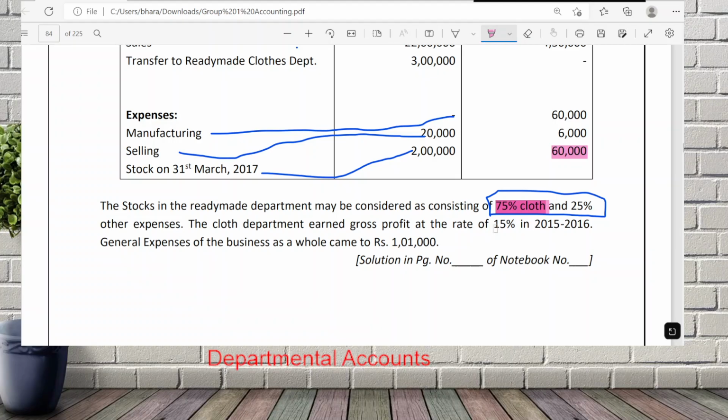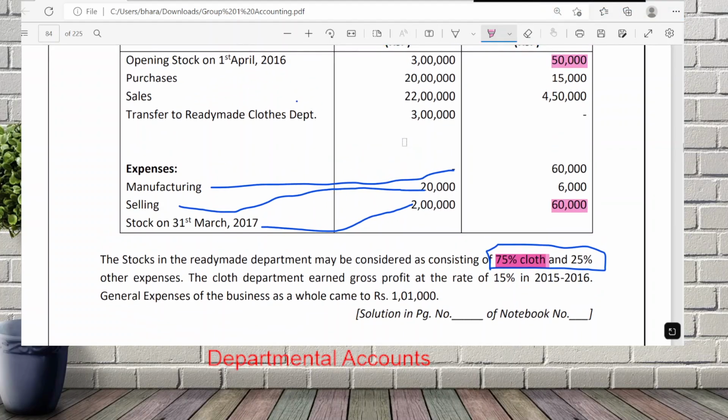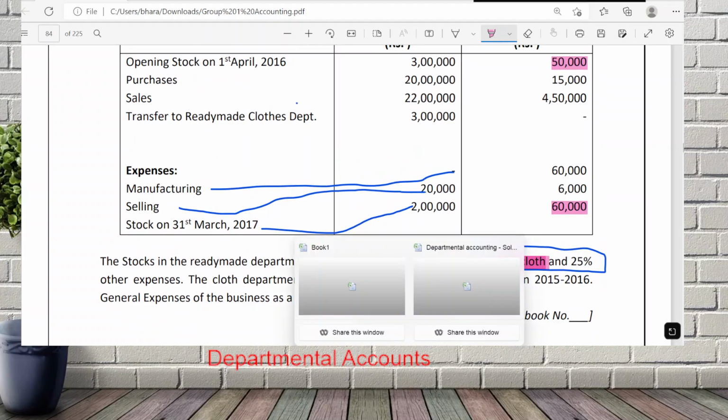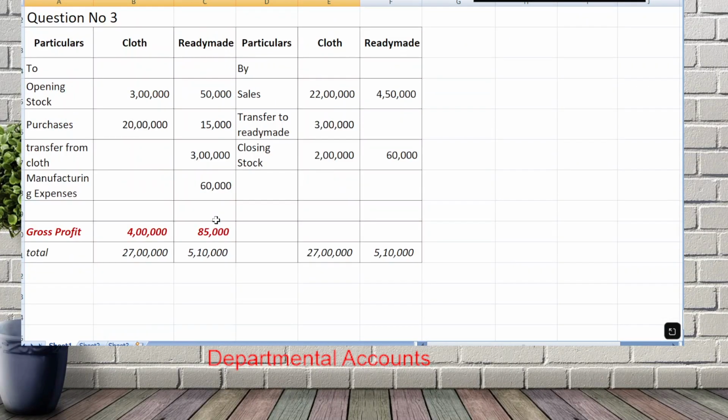So profit removal is required only for the transferred stock, that is 75%. What is the answer for your gross profit? 4 lakh and 85,000. Correct.